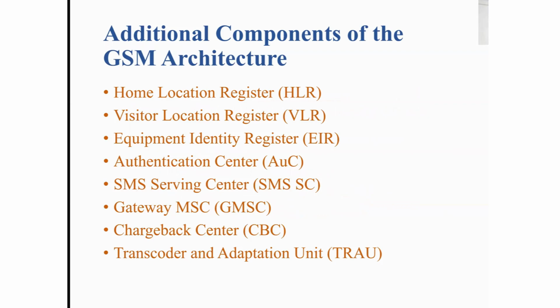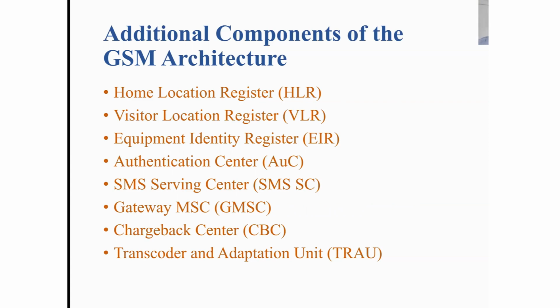There is the home location register, which is a database that stores all the user information. When we purchase a SIM card, it stores our personal information, like our names, our area, our mobile device number, what services we enabled, and everything.